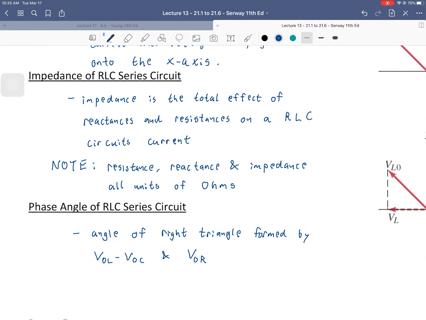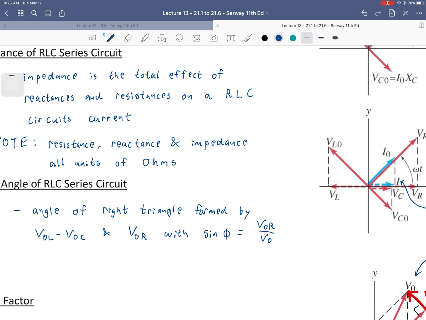Okay, and those would all be maximum values, because of course the instantaneous values are going to vary between these maxes and 0. And it's going to be with sine of phi equaling the voltage across the resistor over the total voltage, and cosine of phi.